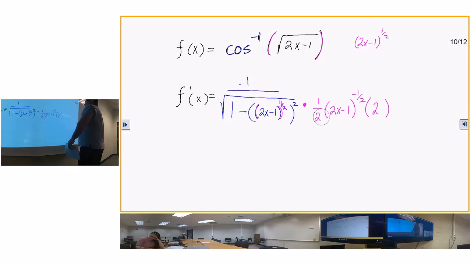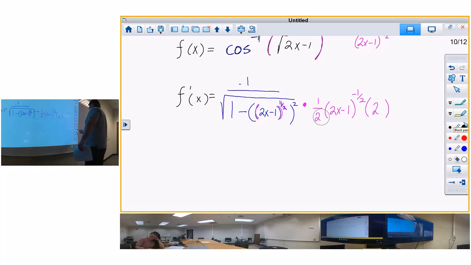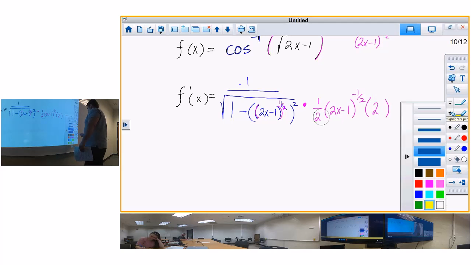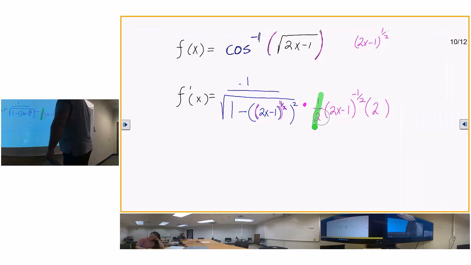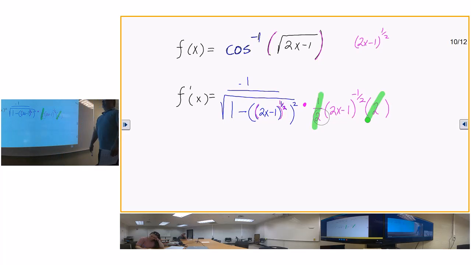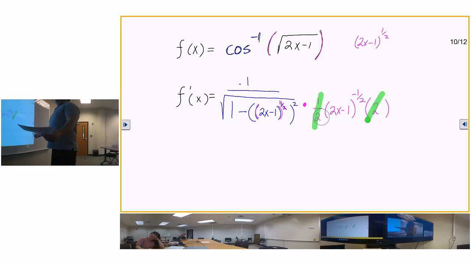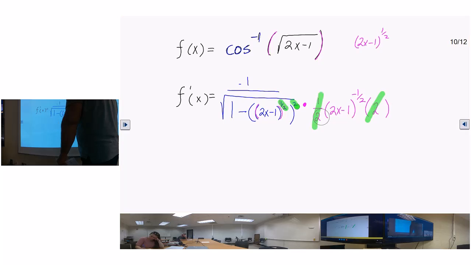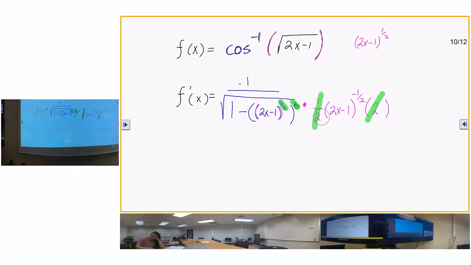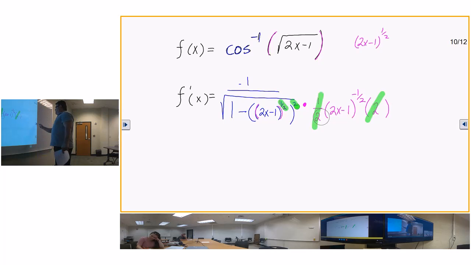So what happens to the 1/2 and the 2? They cancel. And this right here cancels. So we can reduce that in the radical.